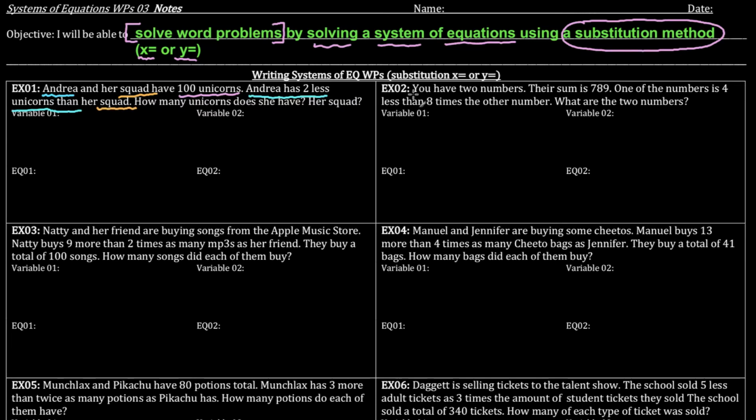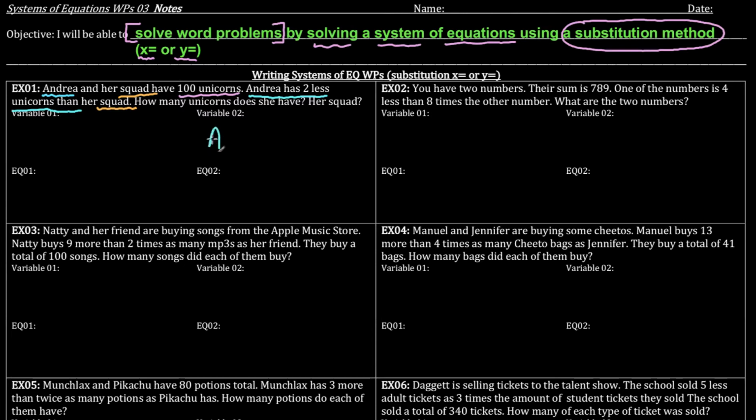So it says, how many unicorns does she have? What about her squad? So we're talking about 2 different numbers that can change. First we're talking about the unicorns, but it's the number of unicorns for Andrea and the number of unicorns for her squad. It doesn't matter which one is your independent or dependent variable. Most of you will put Andrea's right here, so I'm going to put Andrea right there also.